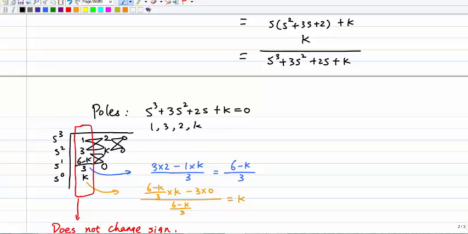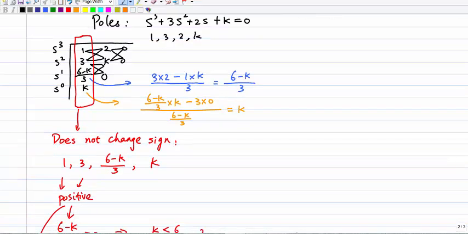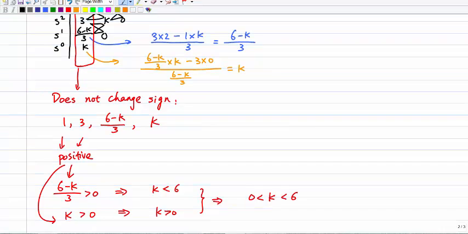What I want to check is that once I select K, the first column of my Routh array does not change sign. The first column is given by 1, 3, (6 minus K) divided by 3, and K. Because 1 and 3 are already positive, if I don't want the sign to change, I want to make sure that (6 minus K) divided by 3 is positive, and also K is positive.